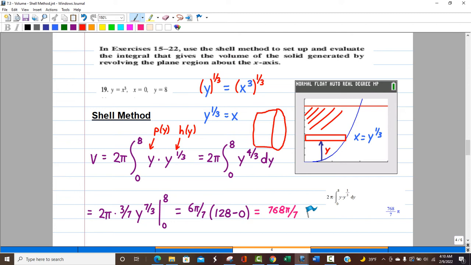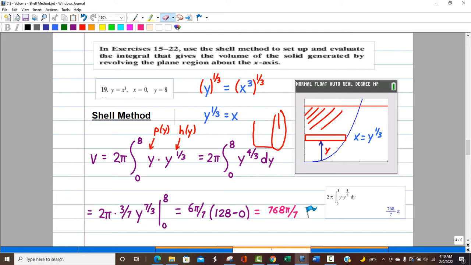So that's why your h is now going this way, out to the edge. And then your radius is right here, which is the y. Okay, because the shells are now a different shape, the cylindrical shells are not upward, they're sideways. All right.